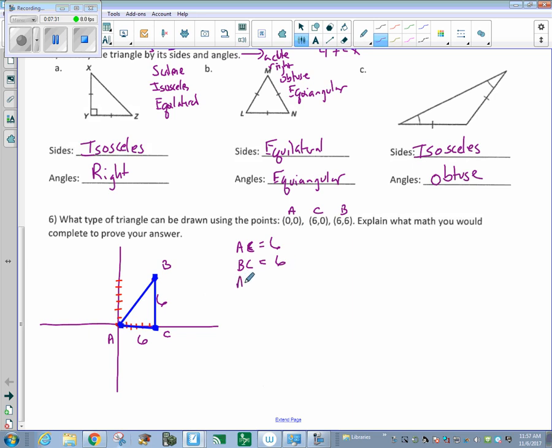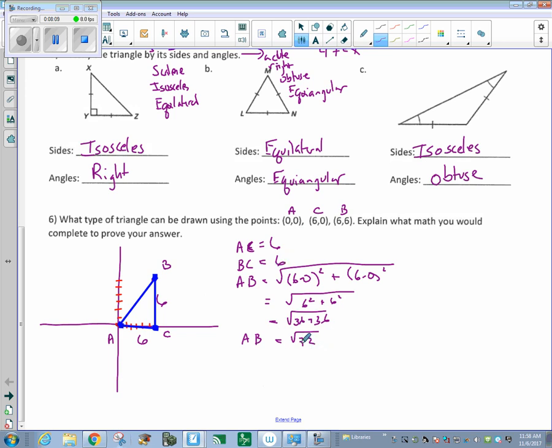And so then to find out AB, to make sure that this guy isn't also 6, I'm going to do the distance formula. And so I subtract my x values from each other. So I'm going to take 6 take away 0 and square it. And then add on, again, my y values, 6 take away 0 and square it. So simplifying this, I get 6 squared plus 6 squared, which then gives me 36 plus 36, which is the square root of 72, which is not the same as 6 in length.